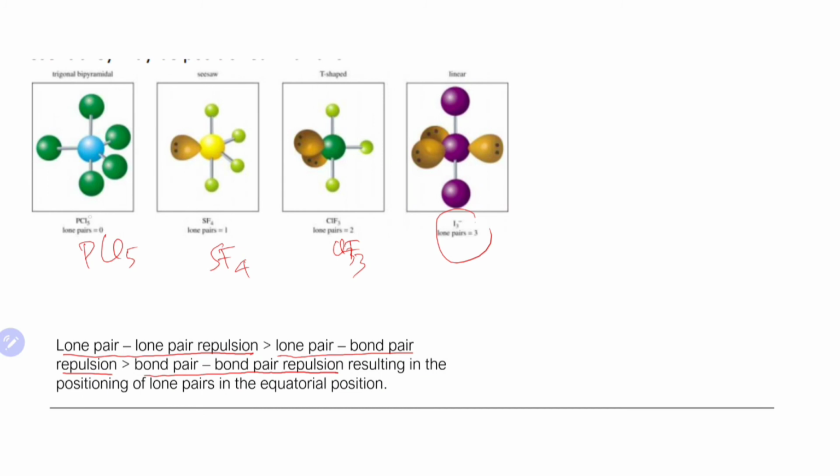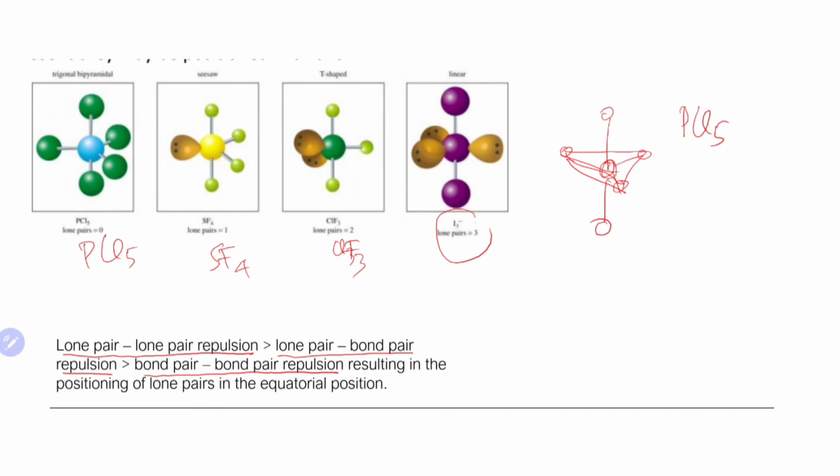So for PCl5 like this, one at the top, this is central, one at the bottom, and then the 3 horizontal in here form a triangle. 1, 2, 3 like this. That's for PCl5.